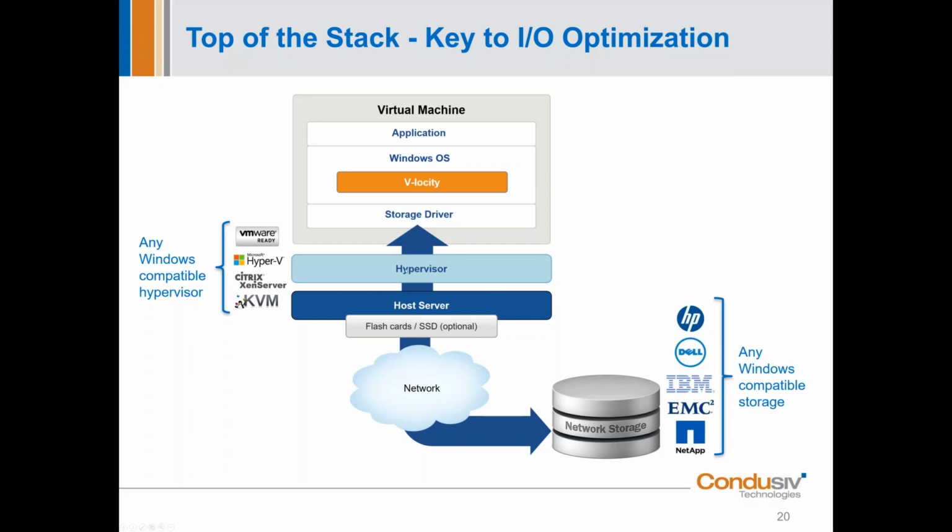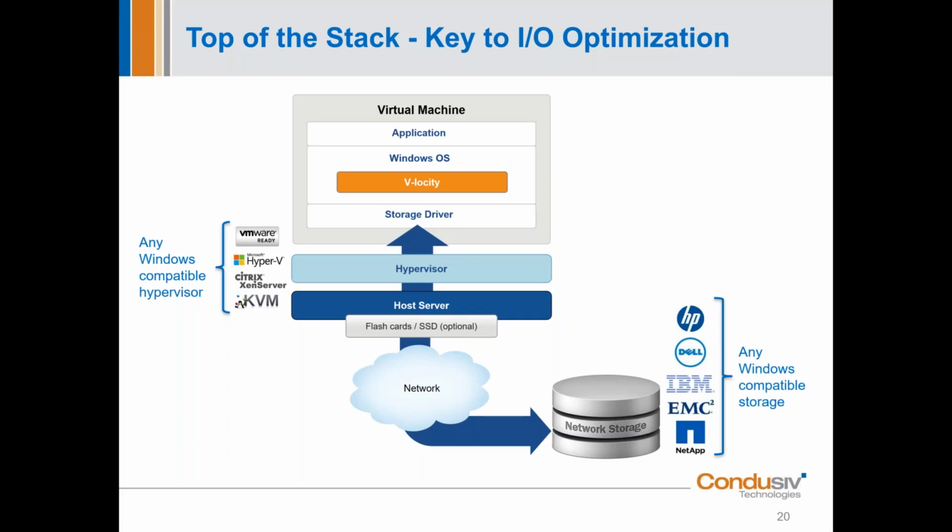This slide here shows you exactly where we sit in the storage stack. Down here you have your hypervisor, which could be KVM, Citrix XenServer, Hyper-V, or of course VMware or something else. It really doesn't matter to us what the hypervisor is because we're installing inside that guest Windows operating system. And because we're operating at this layer and benefiting everything below that layer with less work and more sequentialized traffic, it also means that it really doesn't matter what type of storage you have on the back end either.